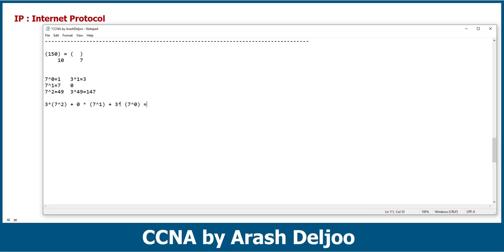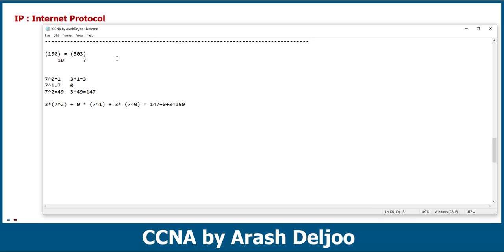And finally, we have 147 plus 0 plus 3, and the result is 150. This means that 150 in base 10 equals 303 in base 7.